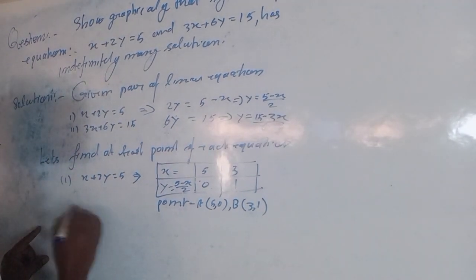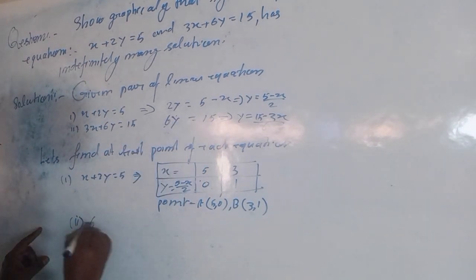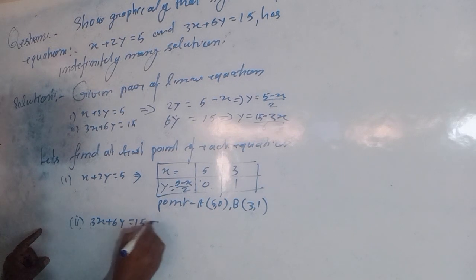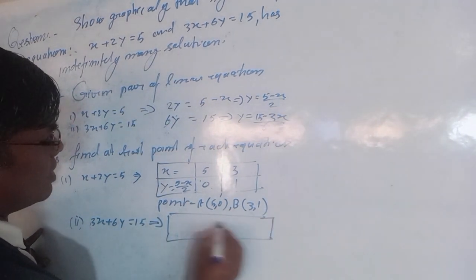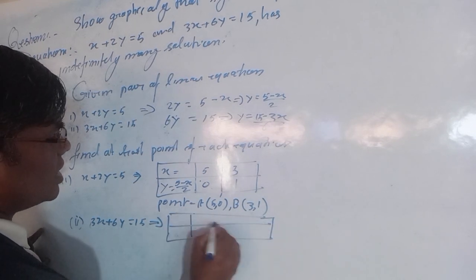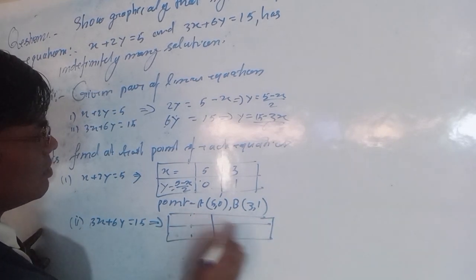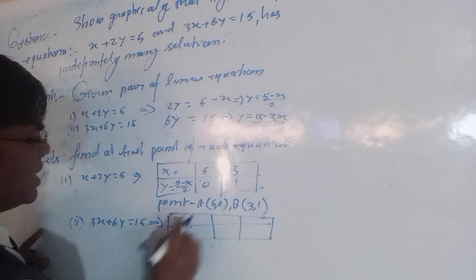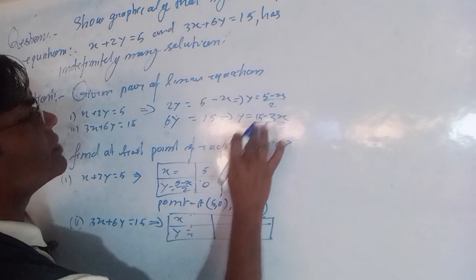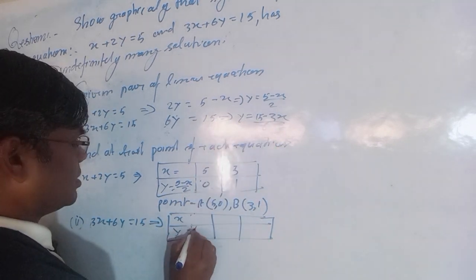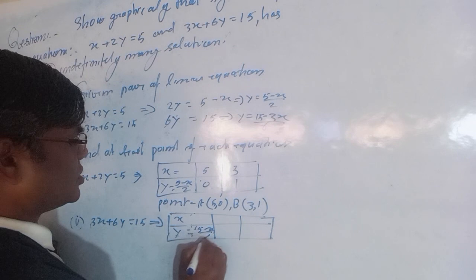The second equation here is 3x plus 6y is equal to 15. Just like our first equation, we will make a rectangular box with column and row for x, and y is equal to 15 minus 3x by 6.